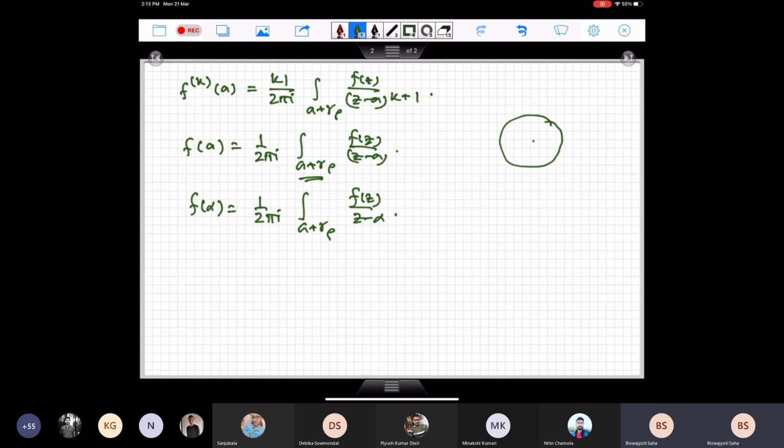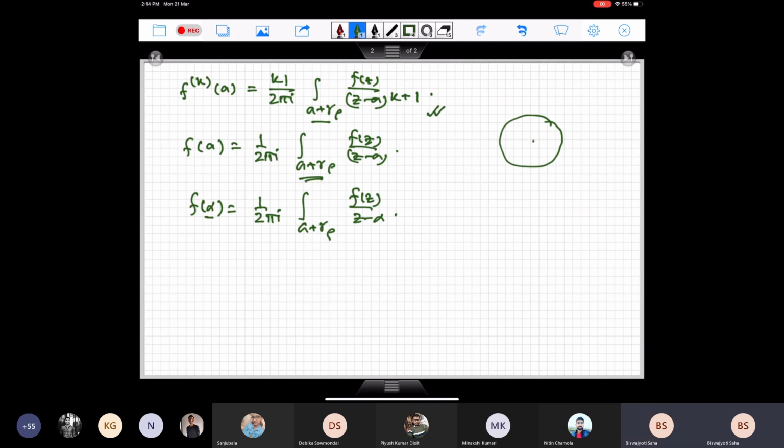But nevertheless, the way we got this generalized Cauchy integral formula, we could only get the kth derivative at a, where the curve was taken to be a plus gamma rho, and here I have z minus a. So I could only do it for the center.